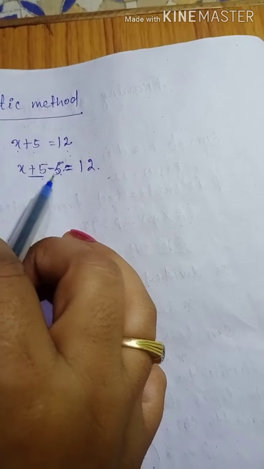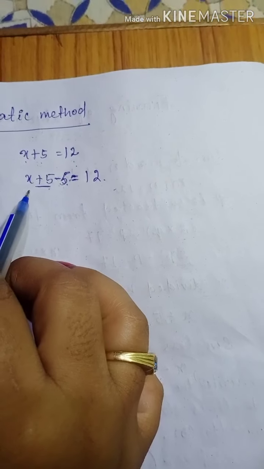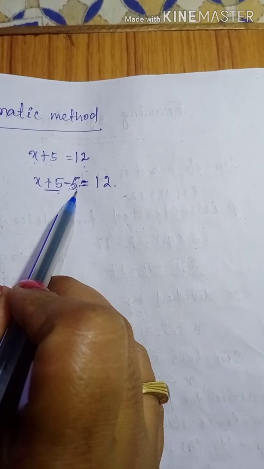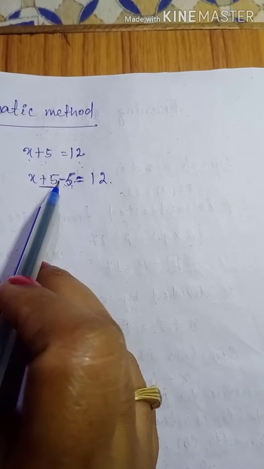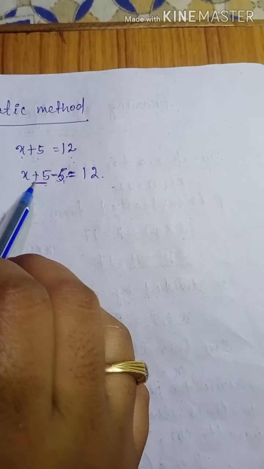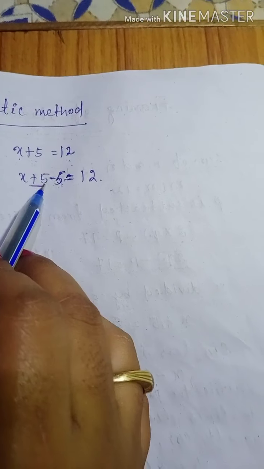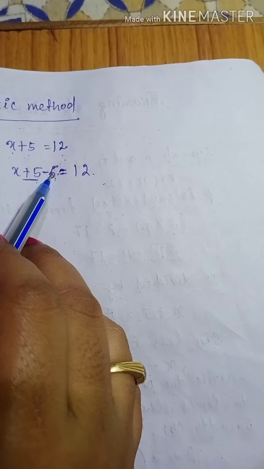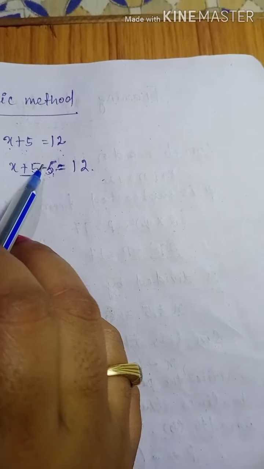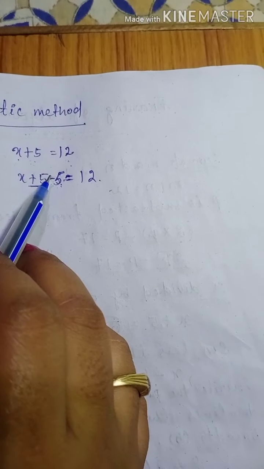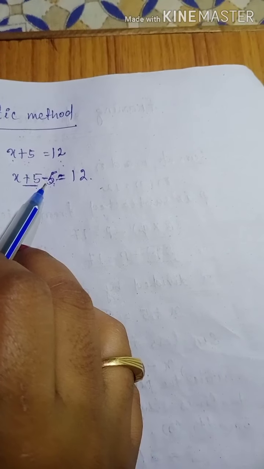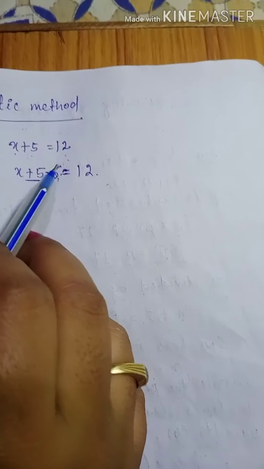If there is minus, you should put plus. If there is multiplication, you should put division. Like this, you should try to remove the number by putting plus, minus, multiplication or division as suitable, but in their inverse form, meaning the opposite term.